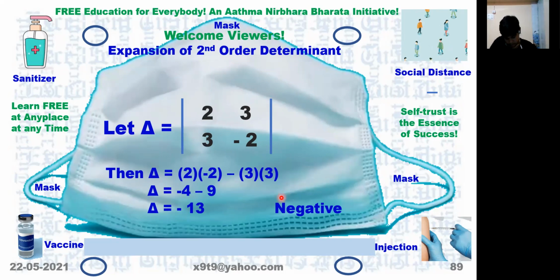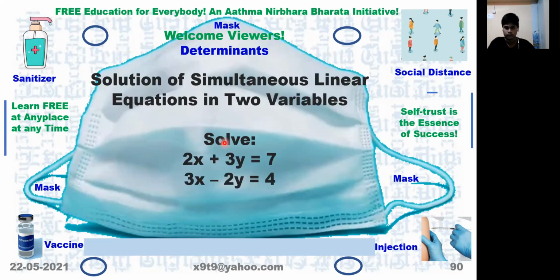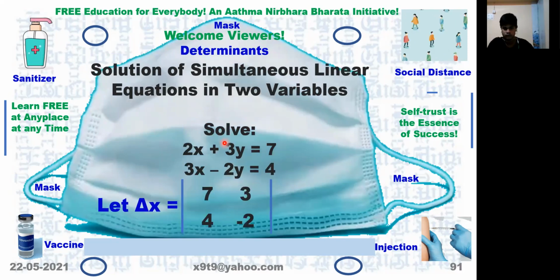For certain problems, instead of the value, the sign is important for us, whether the sign is negative, positive, or 0, because only 3 types of problems will come. So now this is called delta. Now we will have to write another determinant, call it delta x. Let delta x is equal to, you write.